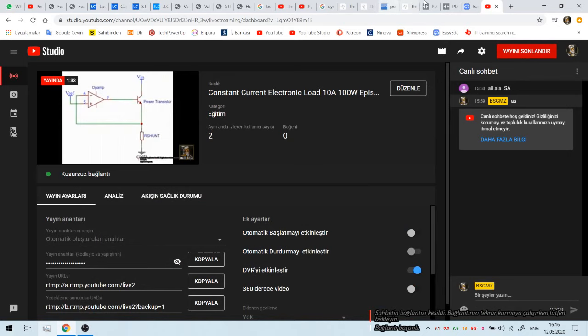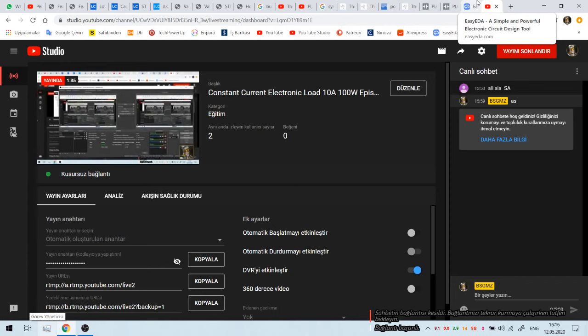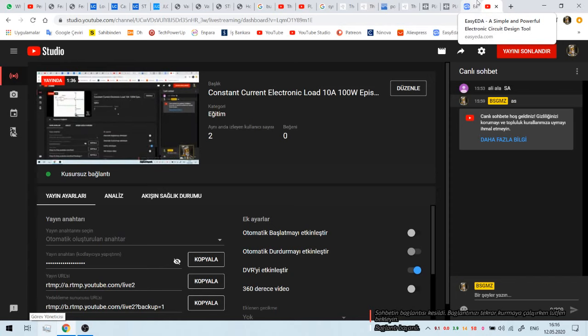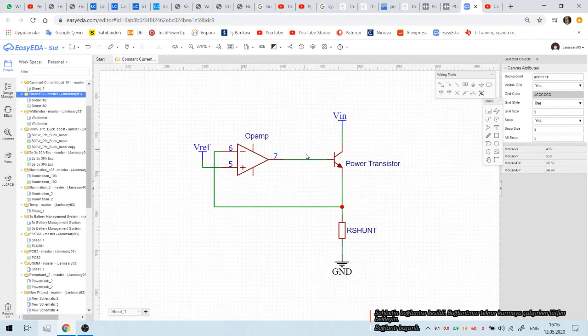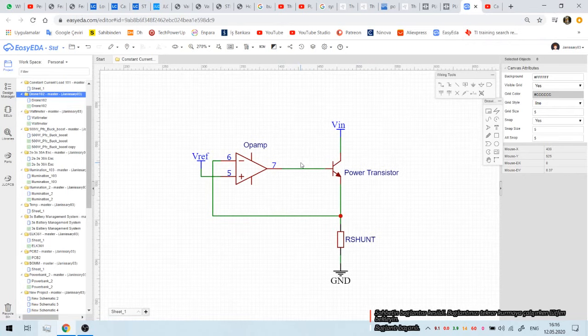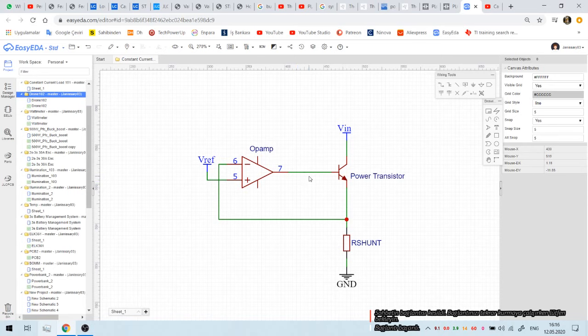Now I'm using Easy EDA software also now for explain the circuit.